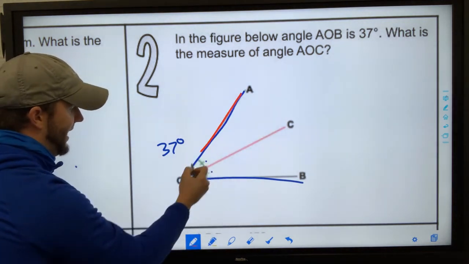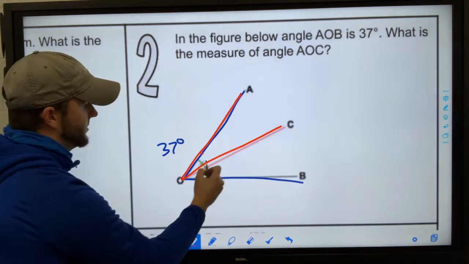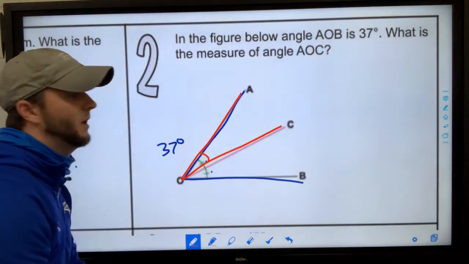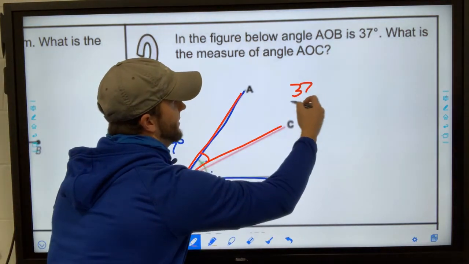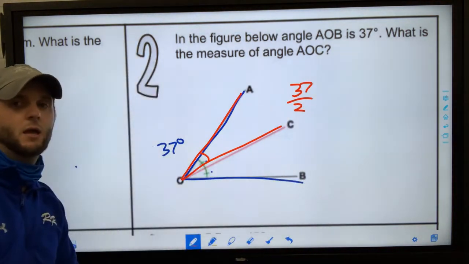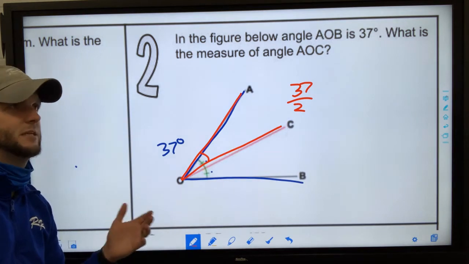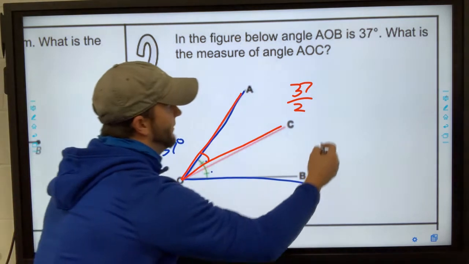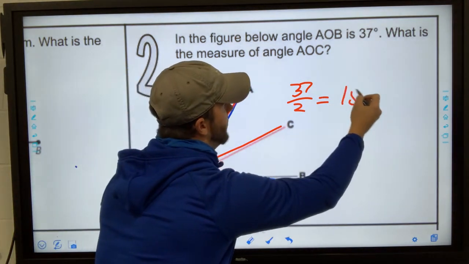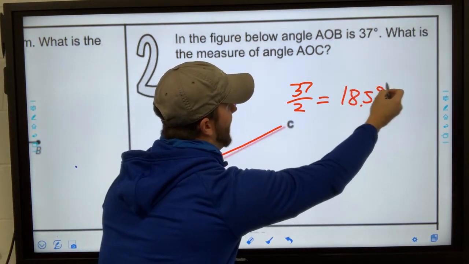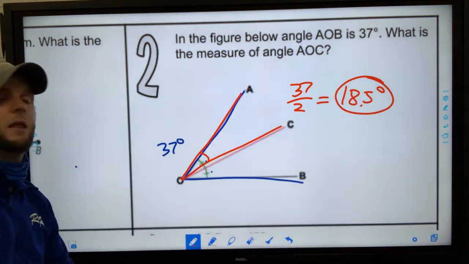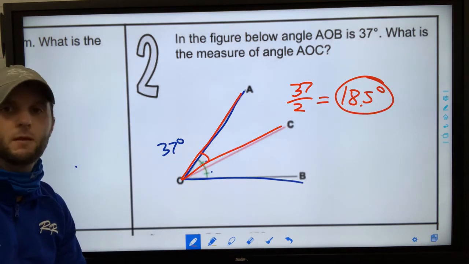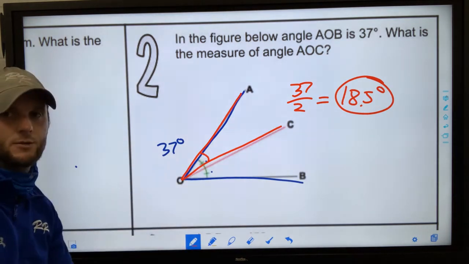It wants me to find AOC, so this angle. Since that is bisecting it, all I have to do is 37 divided by 2. Half of 36 is 18, and then half of that is 0.5, so it's 18.5. So 37 divided by 2 is 18.5 degrees. All I did was take the whole angle and divide it by 2, because that's an angle bisector.